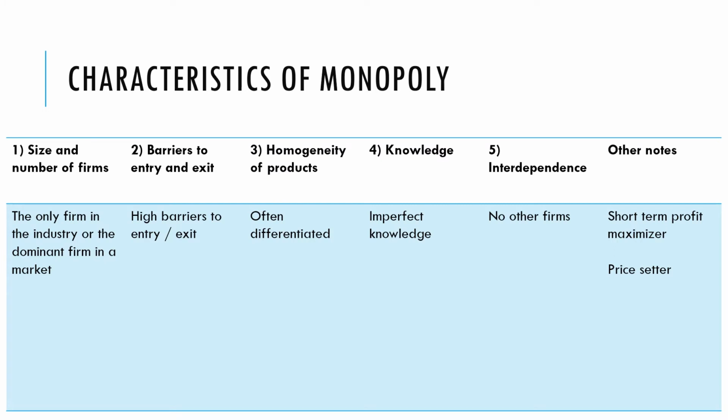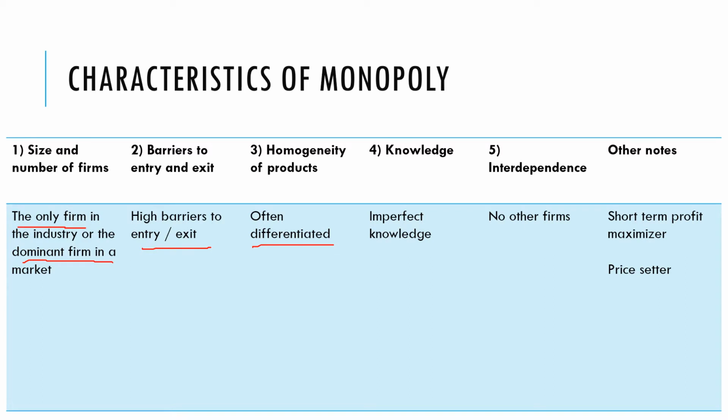So here are our characteristics of monopoly. In terms of the size and number of firms, we're talking about a mono, only one firm in the industry, or we sometimes broaden the definition slightly to talk about a particular dominant firm in a market. There are high barriers to entry and exit, so it's difficult for competition to join the market and difficult for them to leave.